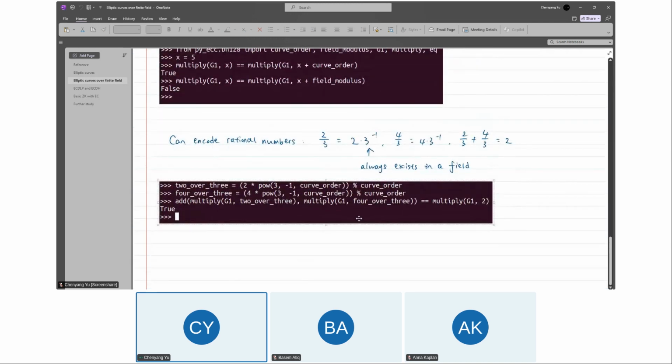In some sense, I just want to show that you can do rational number operations in an encrypted setting, because once we multiply by G1, we are, quote unquote, encrypting this number. If I send you this number, you are not able to recover it. This is the EC-DLP hardness assumption we are going to cover next.